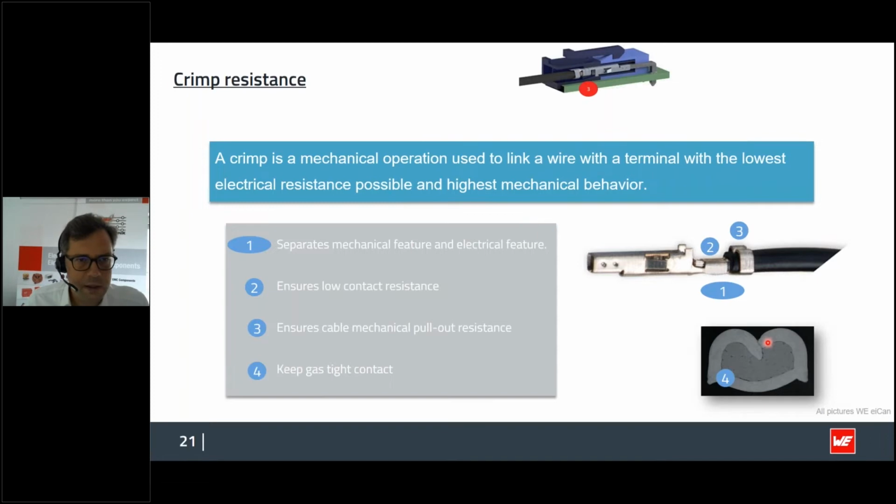Gas-tight means that no gases, especially oxygen, can get into that crimp connection and increase the contact resistance. That is a very important point. So a good crimp connection is an important thing to have.